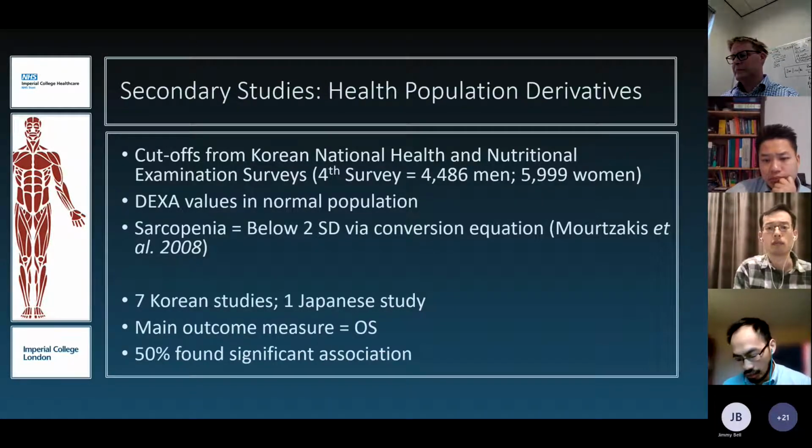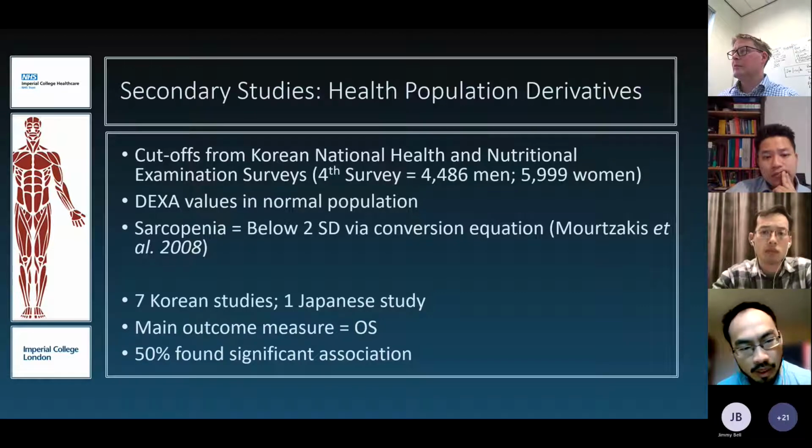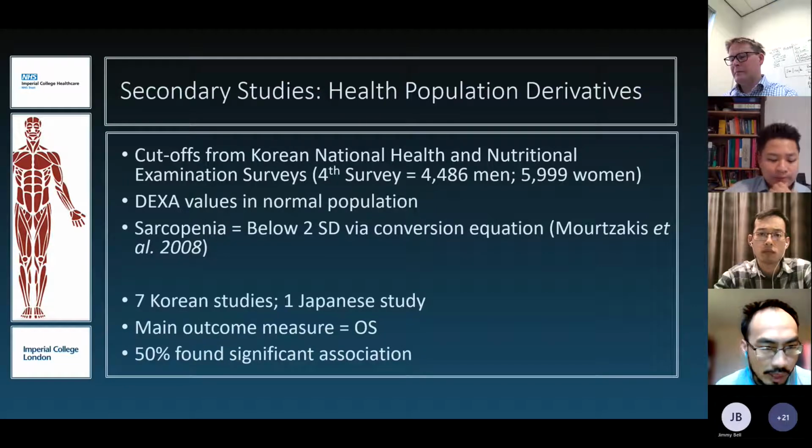So cutoffs can be derived from many places, and in the Asian studies, they particularly noticed that maybe obese Canadians aren't the best reference for us, so a lot of them are quoting, especially, the Korean studies, as you can imagine.